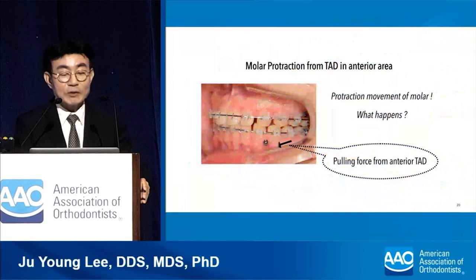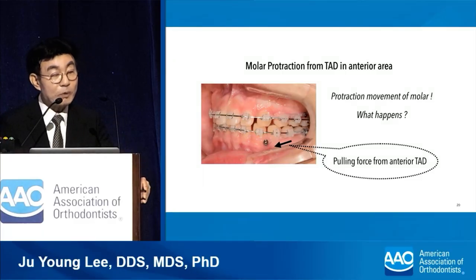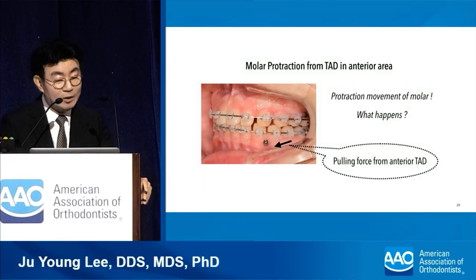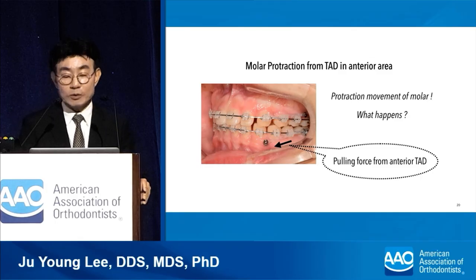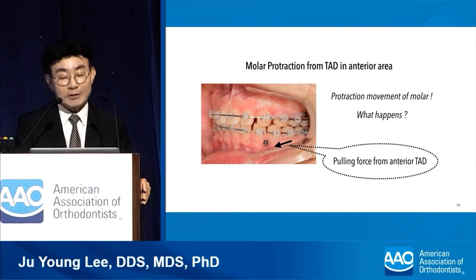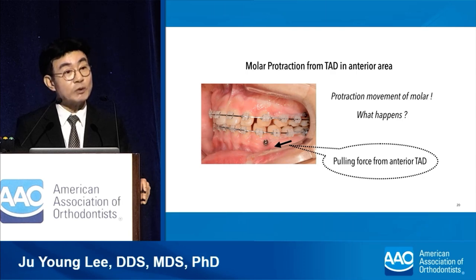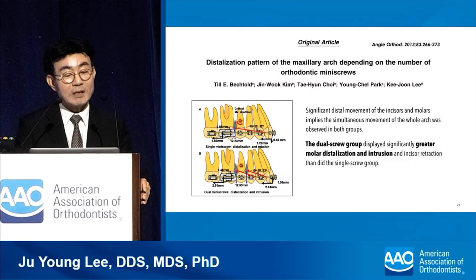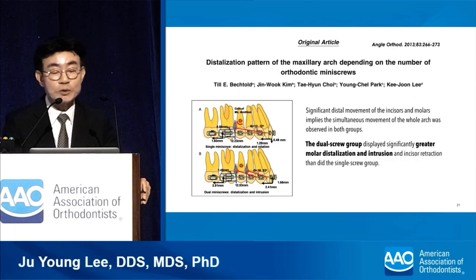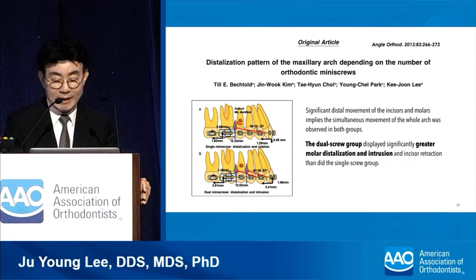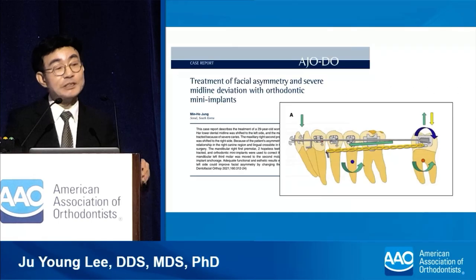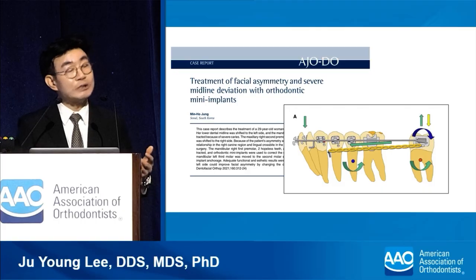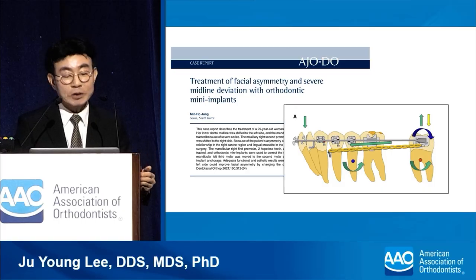So, how can we achieve a protraction movement of the posterior teeth? What kind of counter-reaction will occur when TAD is installed in the anterior and pulling force is applied to posterior teeth? Similar to the reaction of posterior teeth intrusion when retracting maxillary arch using TAD, when the dentition is pulled forward using TAD, the intrusion of anterior teeth appears.